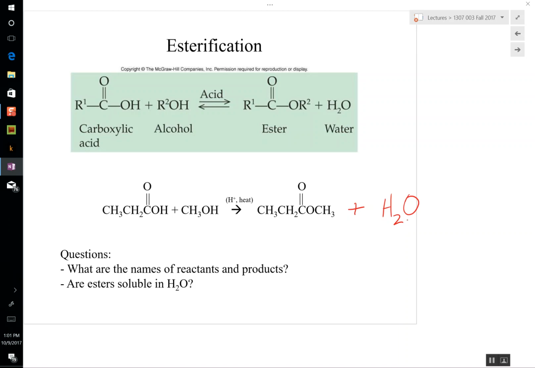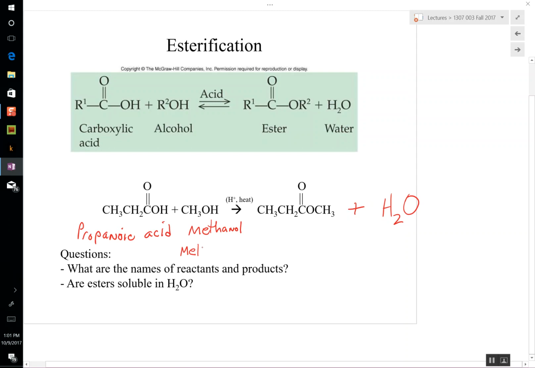Propanoic acid. And what's our alcohol? Methanol. I'm going to just say we've got a common name for it too, methyl alcohol, which will be a little bit helpful.